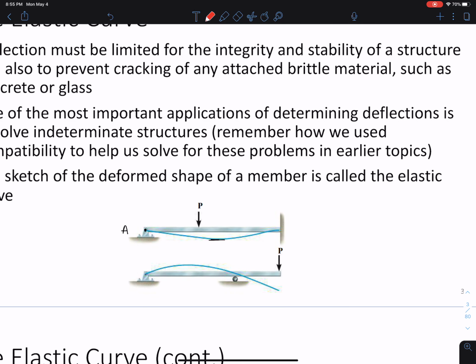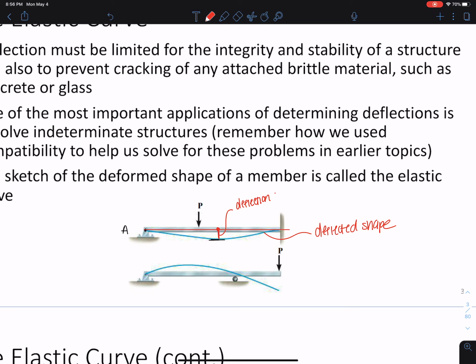We see that the beam has this horizontal axis, and this blue curve is the deflected shape due to that force P. So the beam has deflected into some shape due to a force P, and if we're looking at just this point on the beam, this distance is our deflection at that point. You can see that deflection, just like shear and moment, varies depending on where you're standing on the beam.